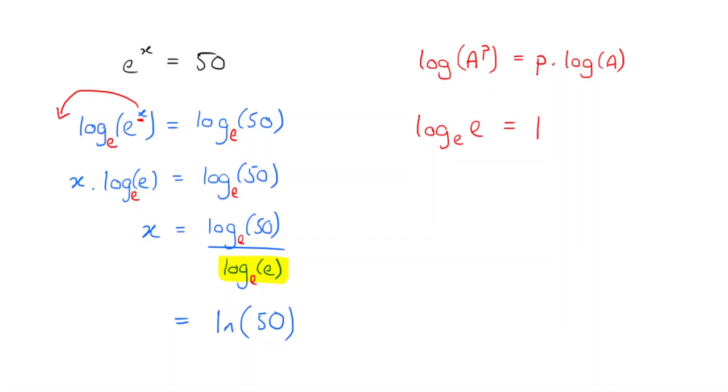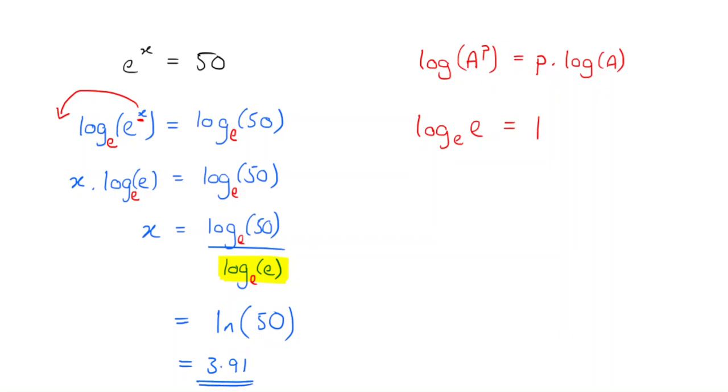So in the end, our answer is ln 50, and we can type that into our calculator. Ln 50 equals 3.91.